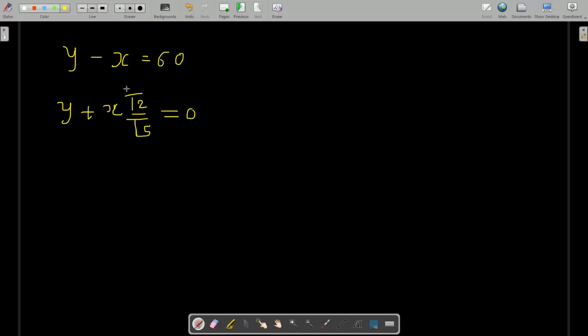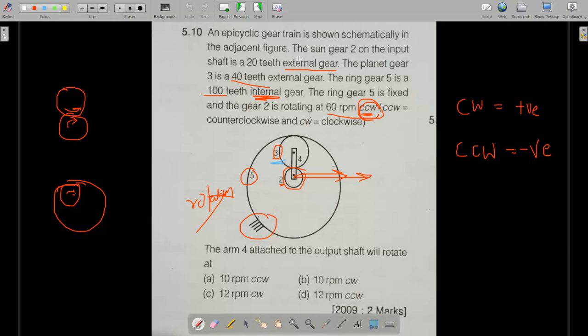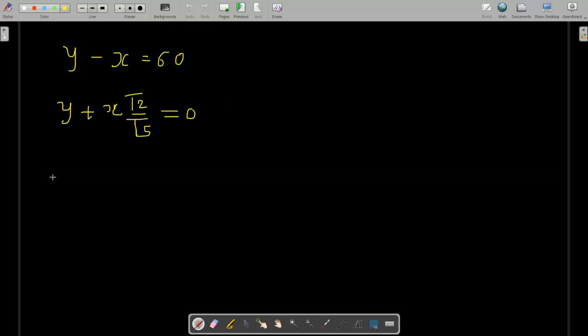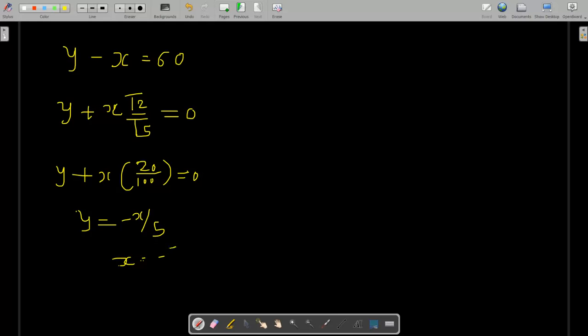T2, the teeth of gear 2, is 20, and T5, the teeth of gear 5, is 100. So y plus x times 20 by 100 is equal to 0, or y plus x by 5 is equal to 0, or y is equal to minus x by 5, or x is equal to minus 5y.